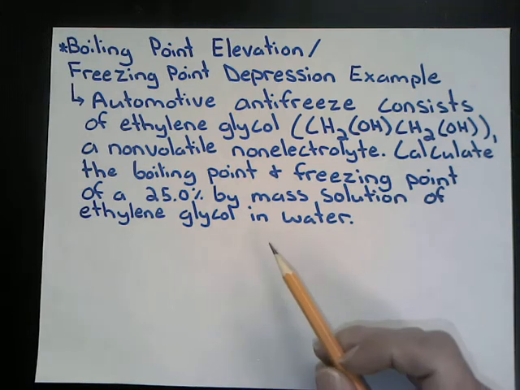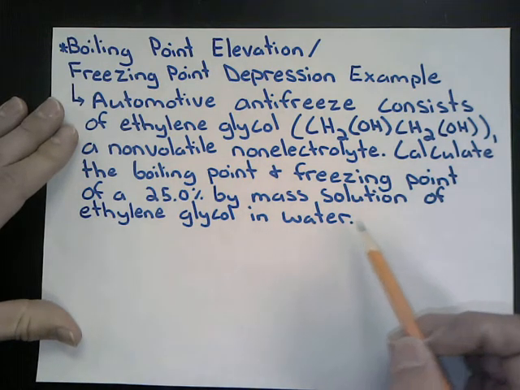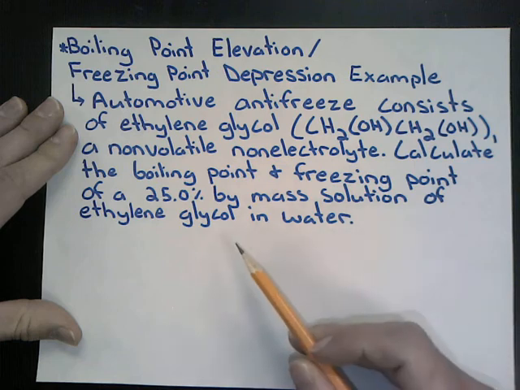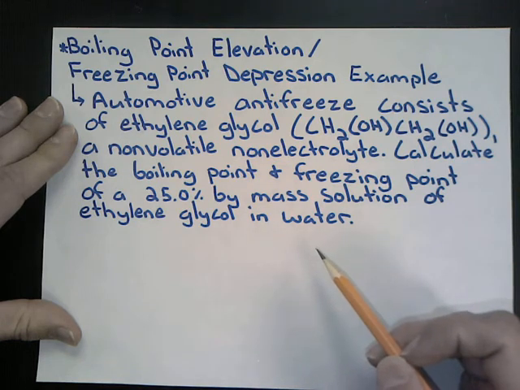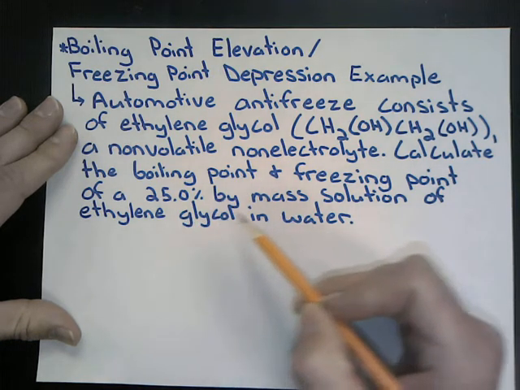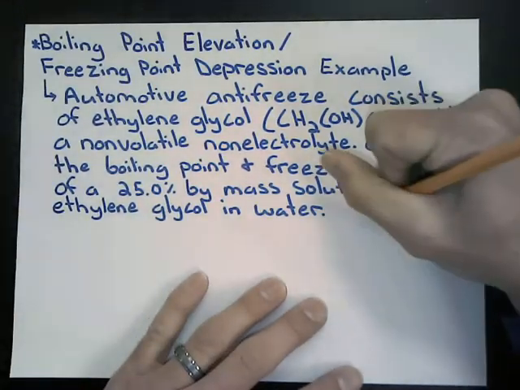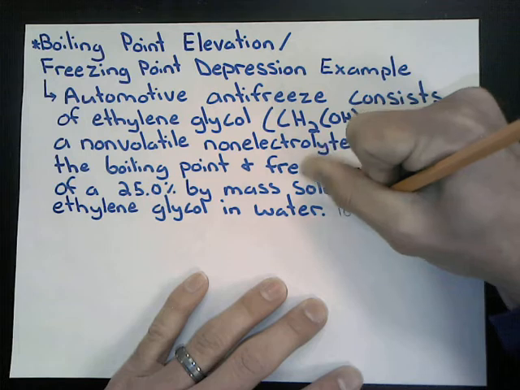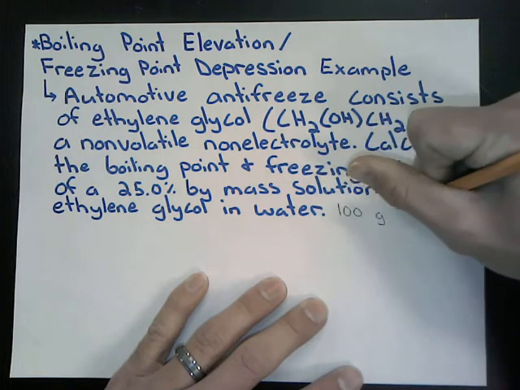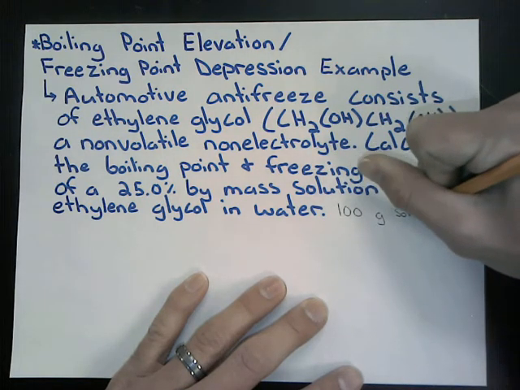So now let's get down to 25% by mass of ethylene glycol and water. Whenever we have a percentage, just make your life easy and say, out to the side here, we have 100 grams of solution.